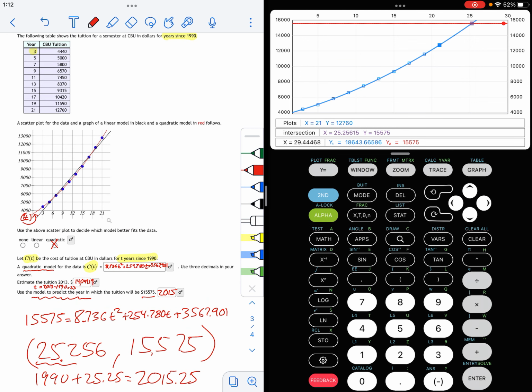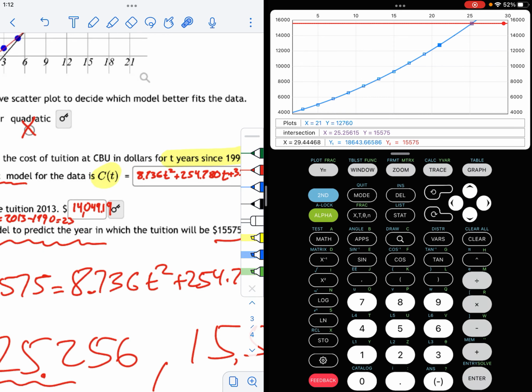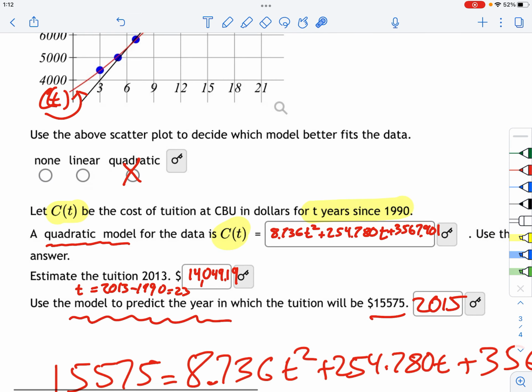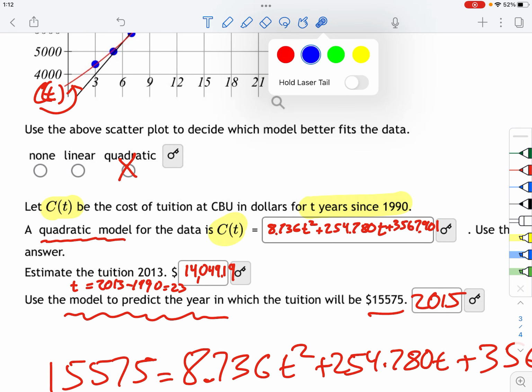So that's the idea. We enter the numbers, then do a quadratic regression to get this equation. Let's make this larger. We use the regression to get this equation, then plug in 23 to get C of 23.